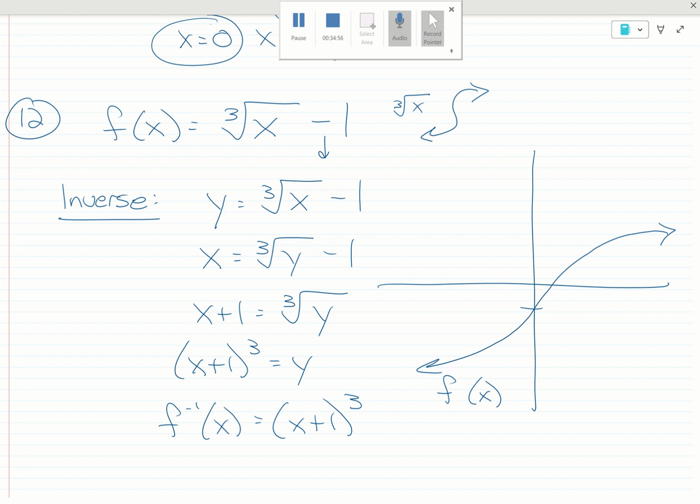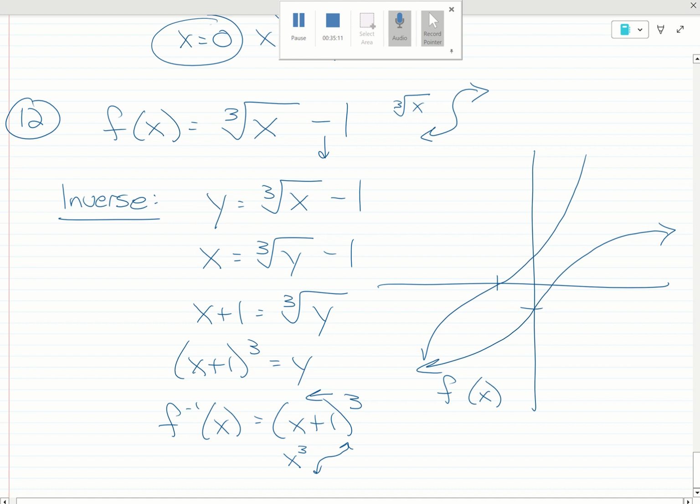So the graph of the original would just look like that. And then the graph of the inverse, we know that x to the third looks like a cubic like this. We're going to move that graph to the left one. And that graph would look something like this. We'll just go ahead and label. And that is your midterm review.